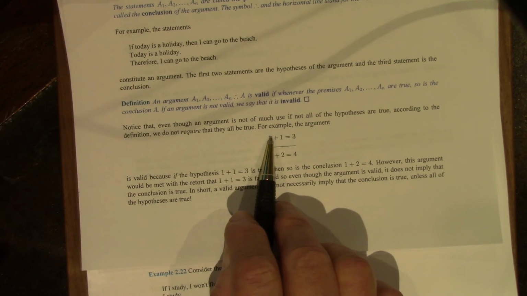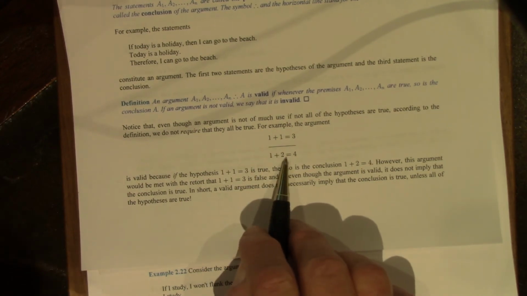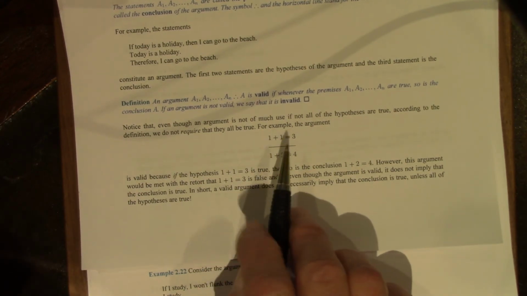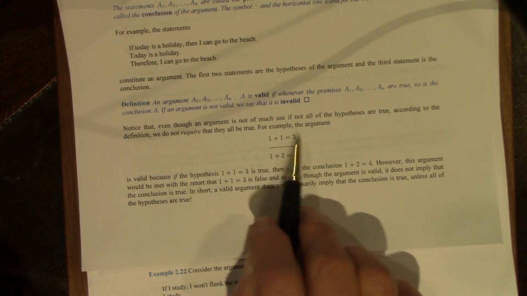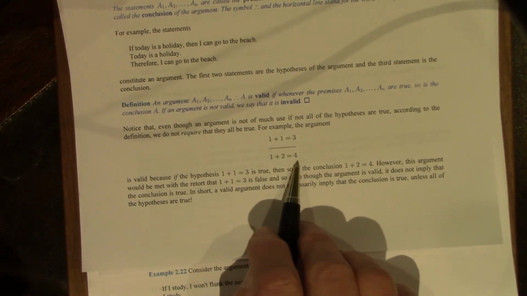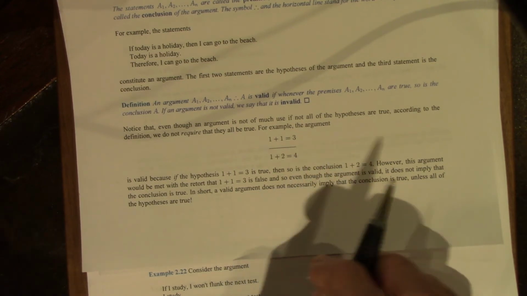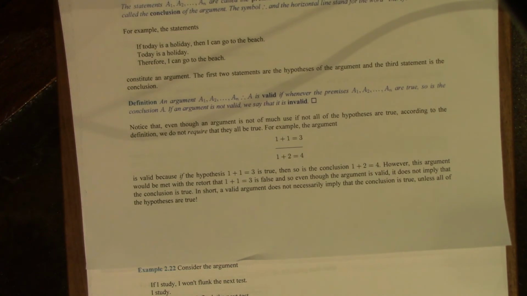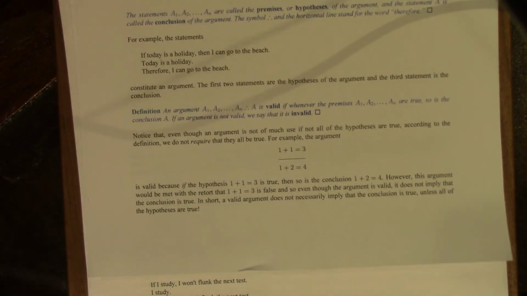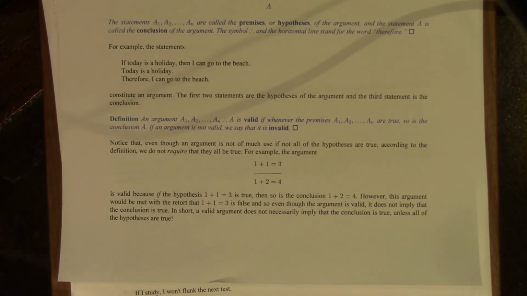One hypothesis, one conclusion. This is a valid argument because if the hypothesis is true, then the conclusion is true. But again, because the hypothesis is not true, one would reasonably argue that this is not a useful argument, even though it is a valid argument.